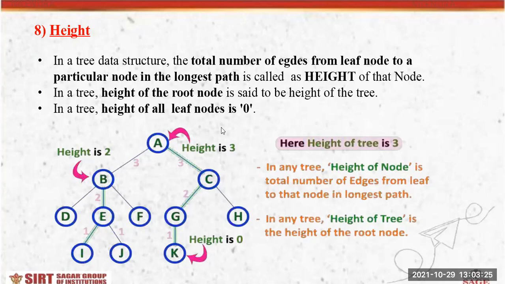Here, the height of the tree is 3 when you are looking at A. Height is 0 when you are looking at K. If you traverse from K to A, K, G, C, A, then A will have height 3, C will have height 2, G will have height 1. Similarly, K will have height 0.